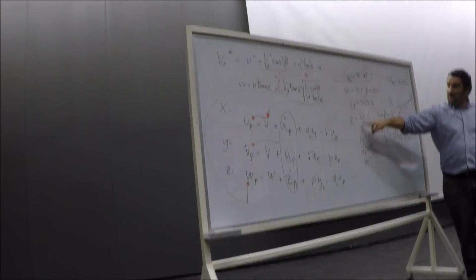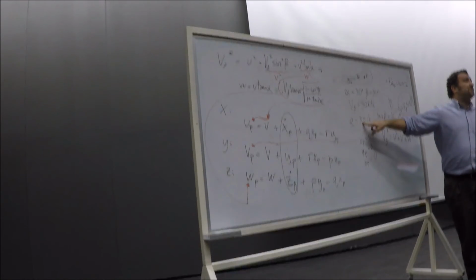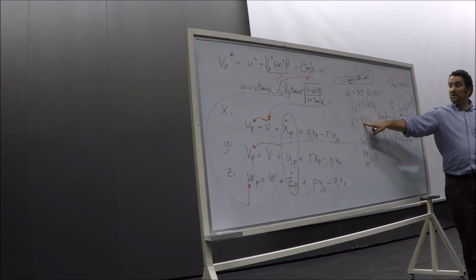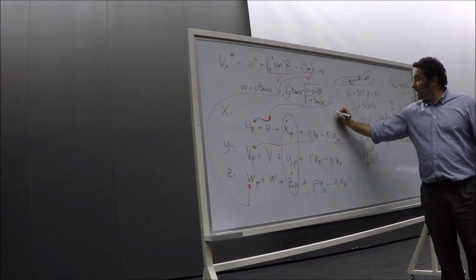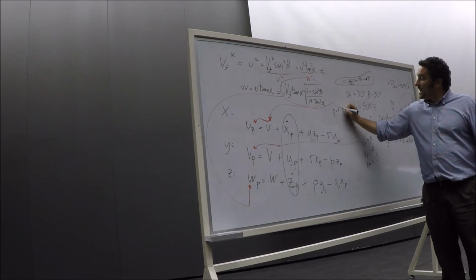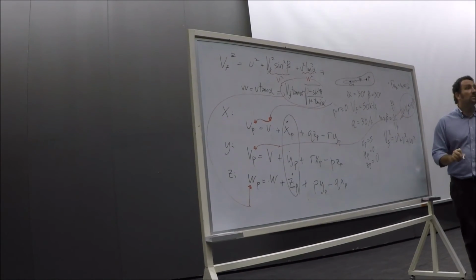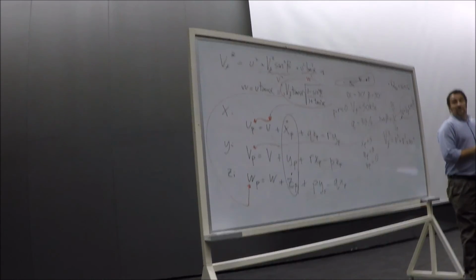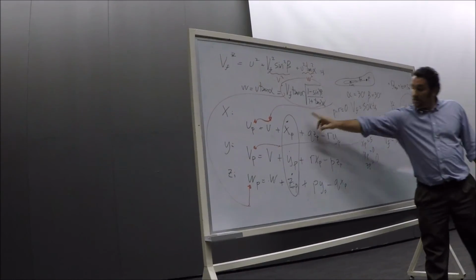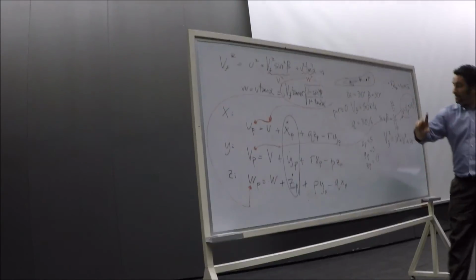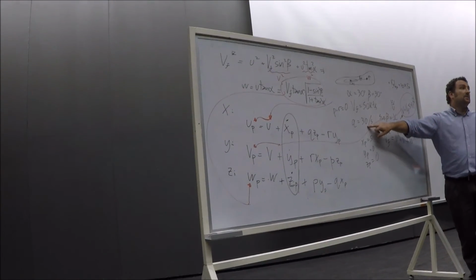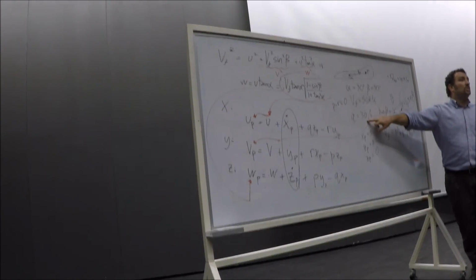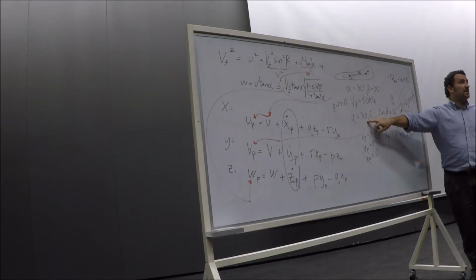You have only a pitch angular velocity. The other two, P and R, are equal to 0. So you simply substitute the numbers. Remember, when you're using this, to transform into radians per second.